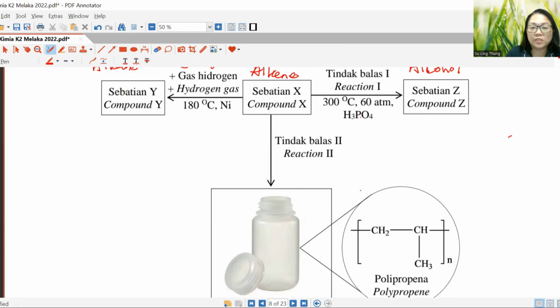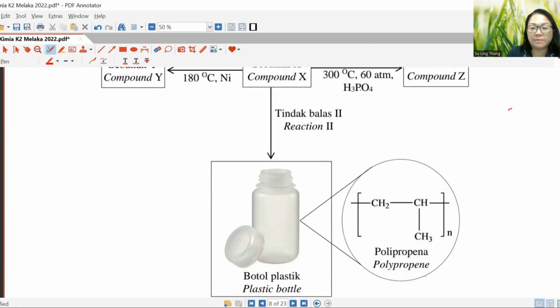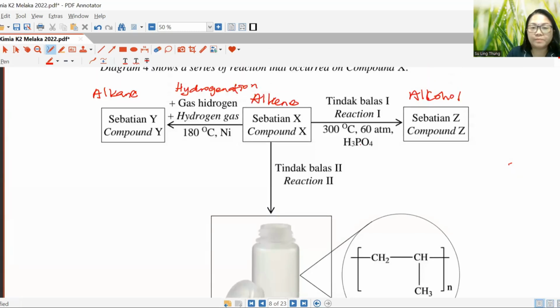If you see reaction 2, there is polypropene here, meaning your alkene at compound X is actually a propene. So definitely compound Z will be propanol, and compound Y will be propane.